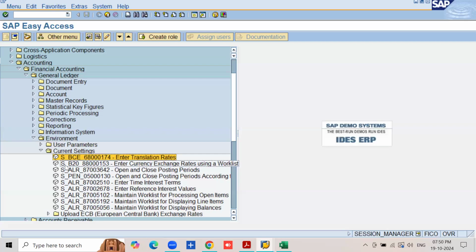That Excel sheet can be uploaded into the SAP system in the transaction code TBX.